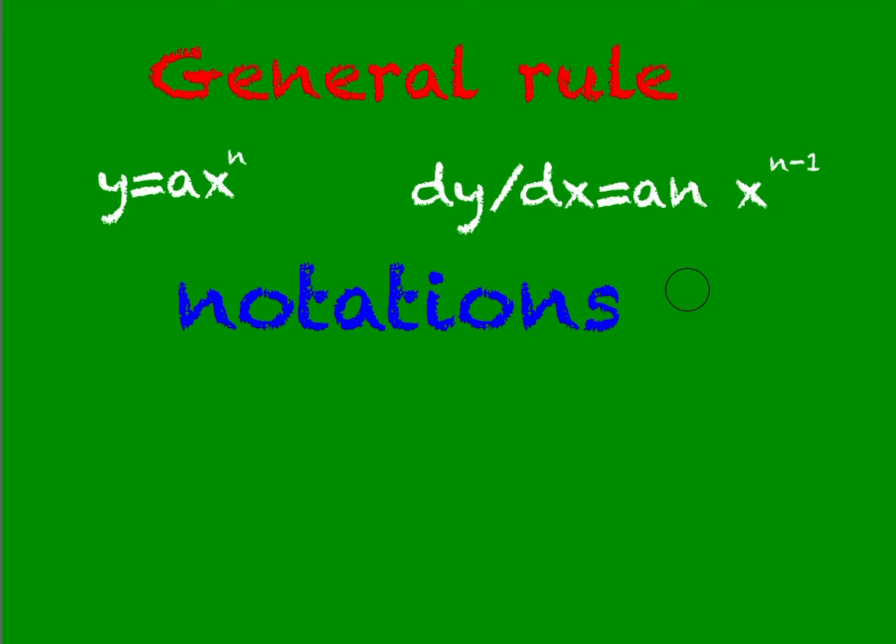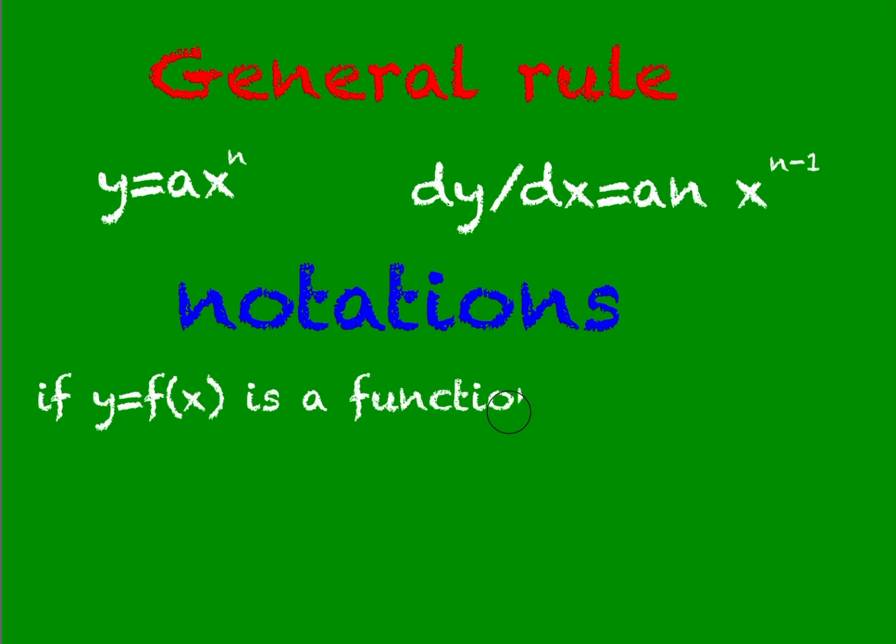IB, or mathematics, has three different notations for the derivative. First one, as you see, y equals f of x. I want you to remember that you can show the function as a y or f of x, okay?